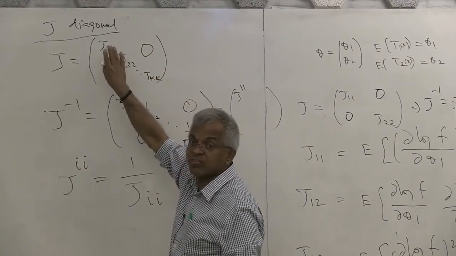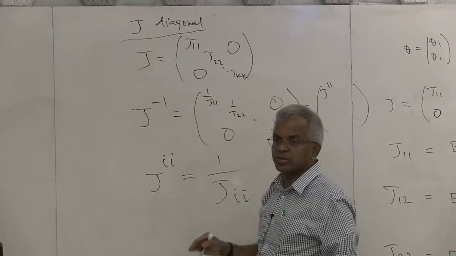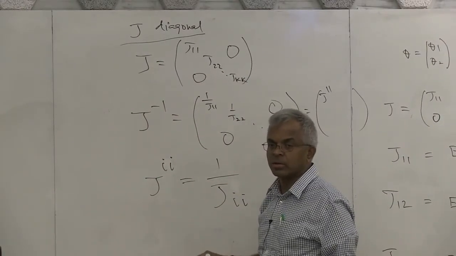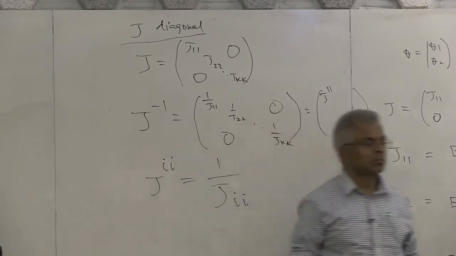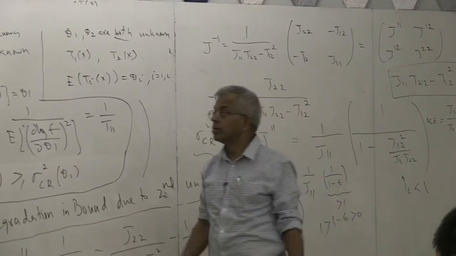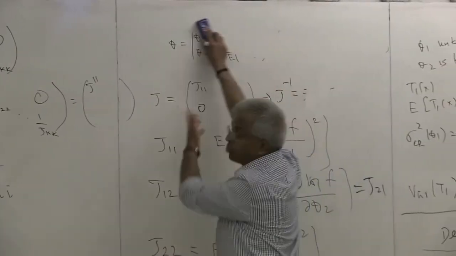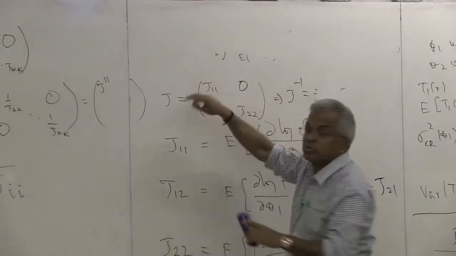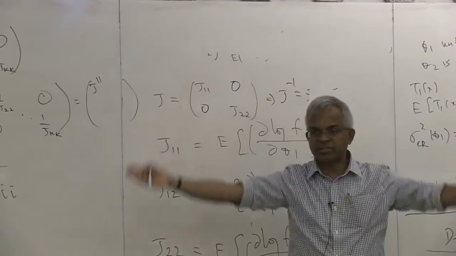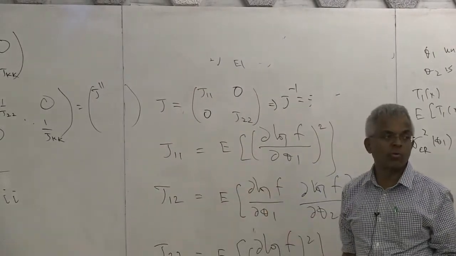If you can show that the Fisher information matrix is diagonal, then the other parameters do not affect your ability to estimate the first parameter. Now you can try to see the degradation due to 3 parameters. J will be 3 by 3, so you have to invert it, and more work is involved.